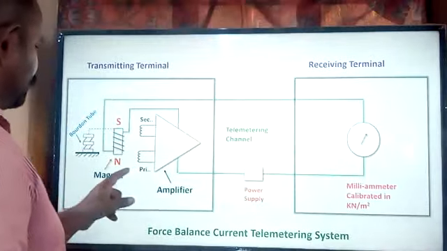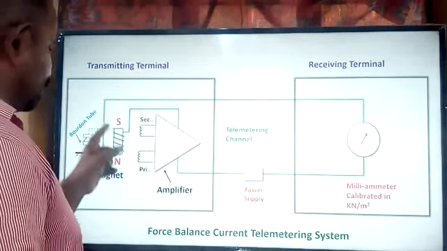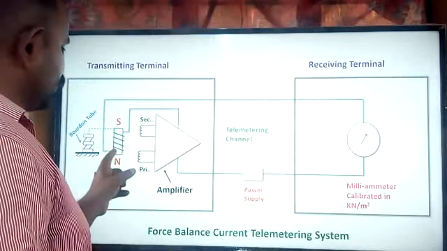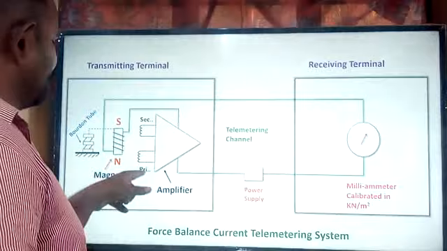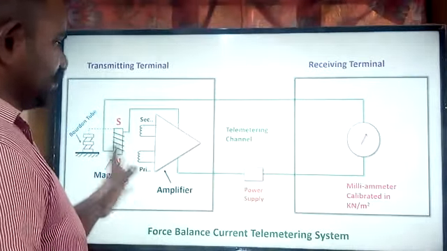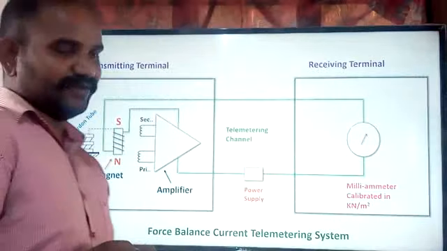Whenever there is a change in the pressure, the Bourdon tube changes, and this block is rotated. As it rotates, the magnetic flux linked from the primary coil to the secondary coil changes. So this is all about our force balance current telemetering system.